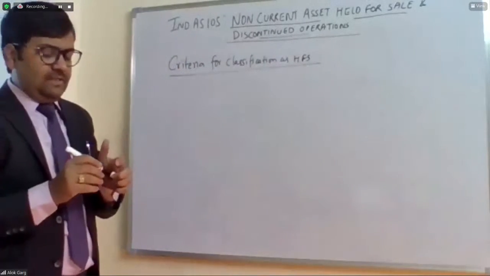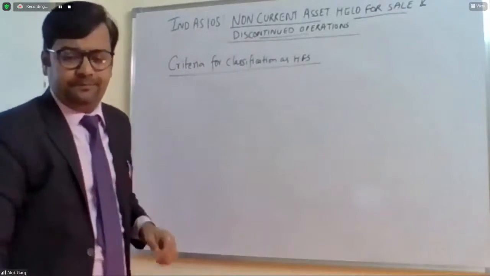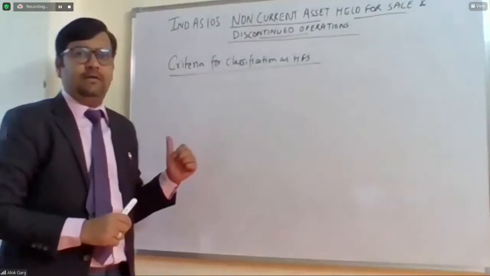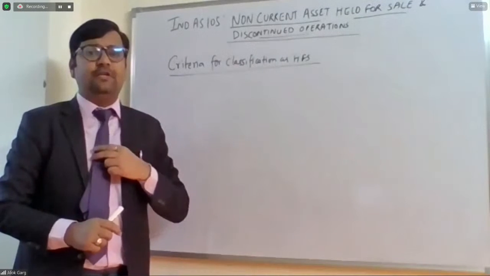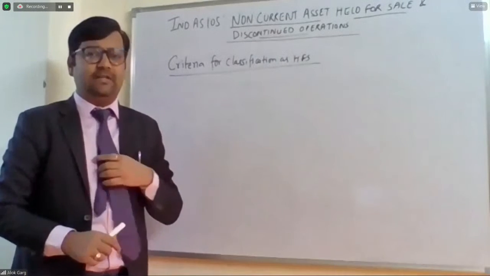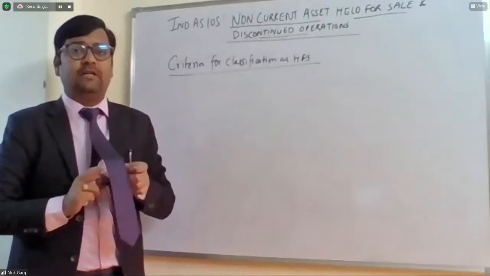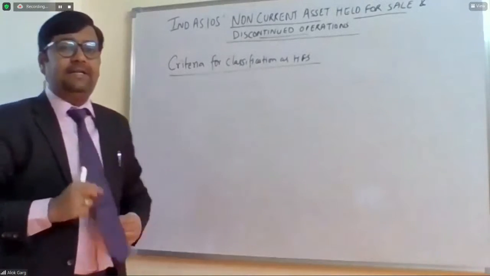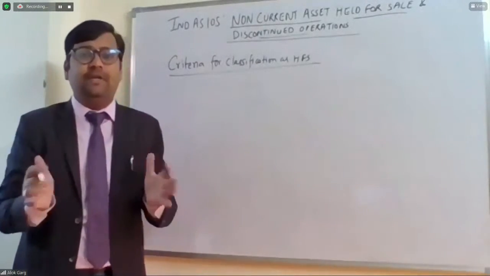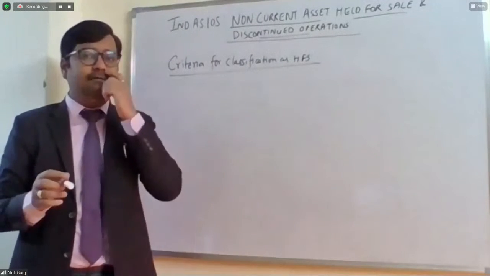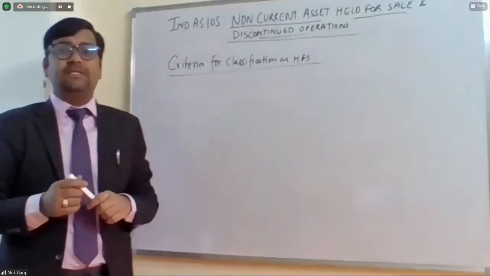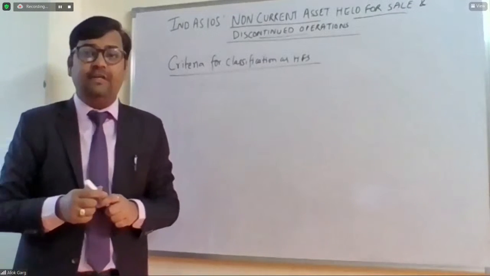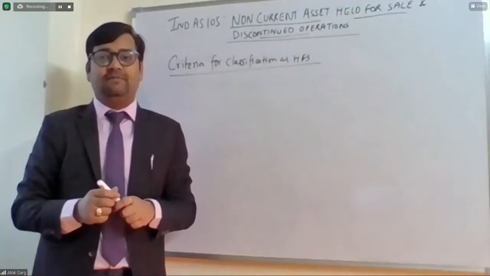So we discussed that the objective of non-current asset held for sale is to receive the future economic benefit through a sale transaction rather than through continuing use. Okay. So now when a normal machinery which is covered under PPE will be classified as held for sale, the standard says that it will be classified as held for sale if two conditions are satisfied.